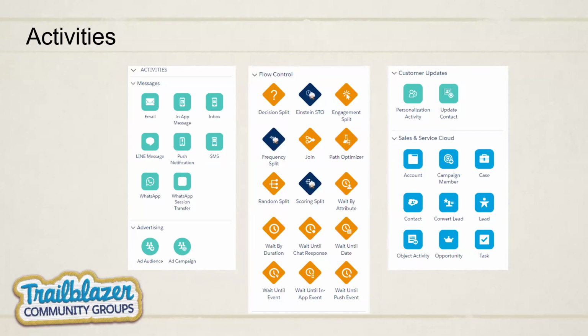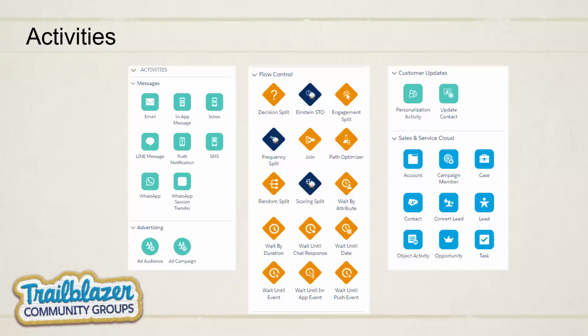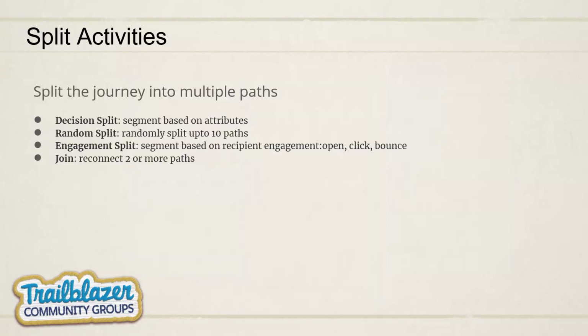So I was covering this part in the last session. The flow activities are divided into split activities and flow control activities. Under the split activities, we have decision split based on a filter criteria. If the filter criteria is met, it's like an if-else condition. It can be a loop of if else, if else, and then else.